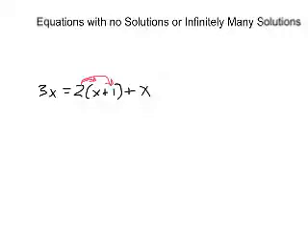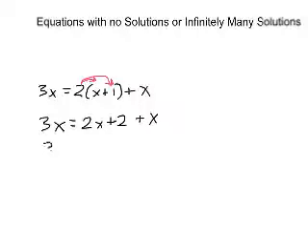So let's look at a few problems here. Here we have 3x equals 2 times x plus 1, plus x. We solve the distribution first, and we get 3x equals 2x plus 2 plus x.